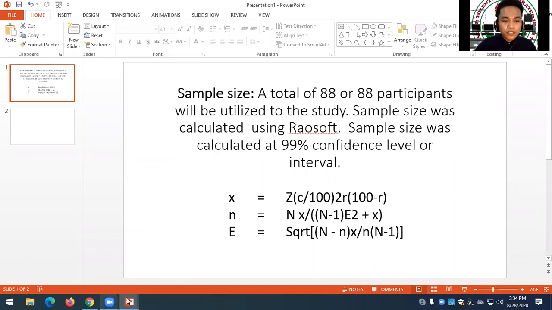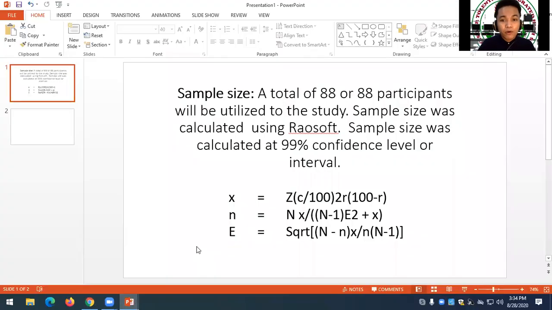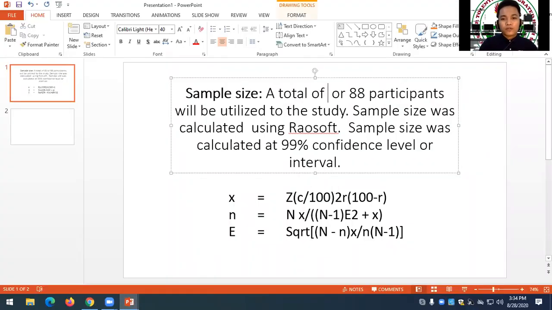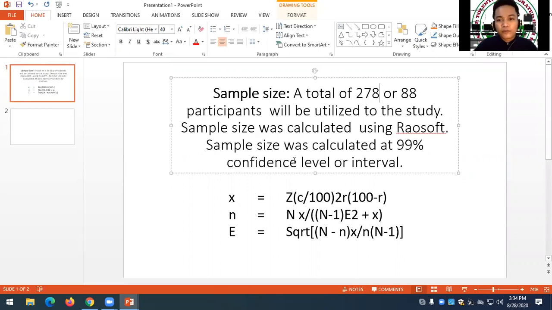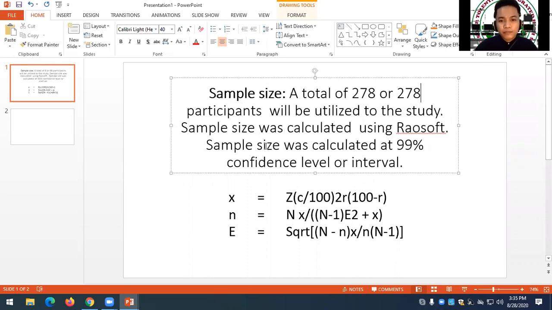Okay. So since we have here 88, saan ba siya? Sige, sabihin natin na 278. Okay, yung sample size natin is 278. Naglagay na po ako dito kanina ng sample. Okay? So magiging 278. A total of 278 participants will be utilized to the study.